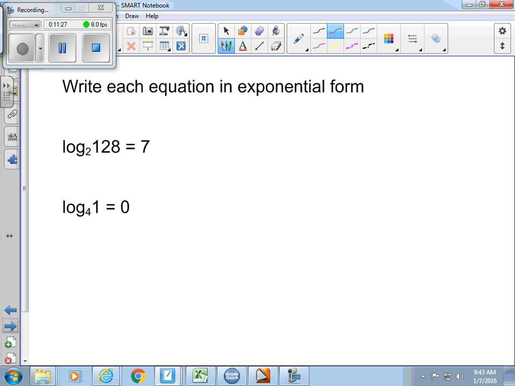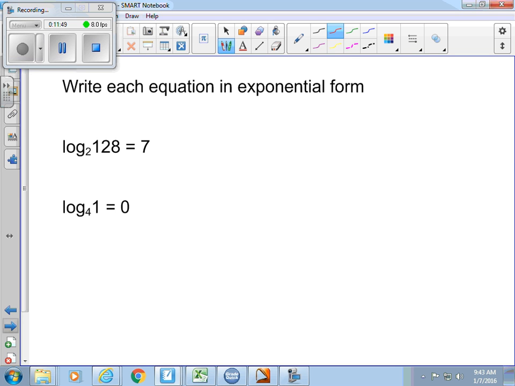Okay, so before we talk about that, let's talk about this. Log base 2 of 128. That looks scary, right? Looks really scary. I don't know what that means. But if I had to find log base 2 of 128, I would want to know what in the world it means. So I'm going to use a little circle thing.